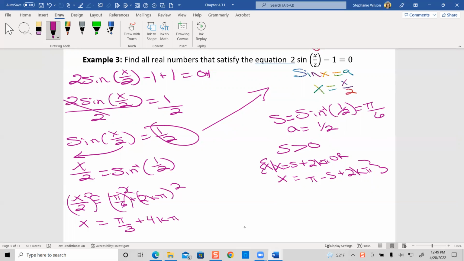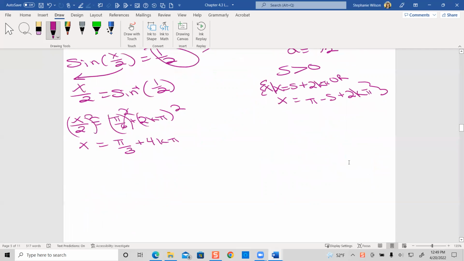Now we're going to move on to solve what our identities have. So we have x is equal to pi 6 plus, oh, we got that one over there already. Let's do the next one. And x over 2 equals pi minus pi 6 plus 2k pi. And don't forget, this x was over 2. So we're going to have to do that step again. But before I do it, I want to go ahead and clean up what I can. I notice I got pi minus pi 6.